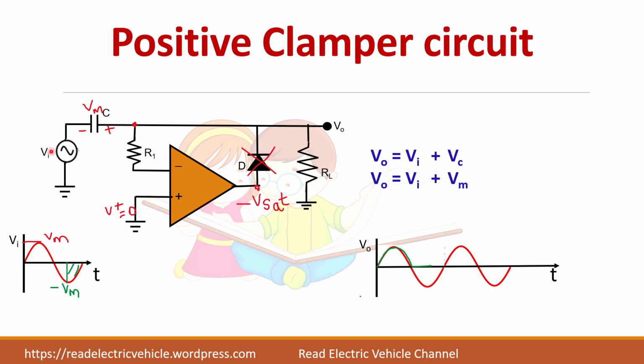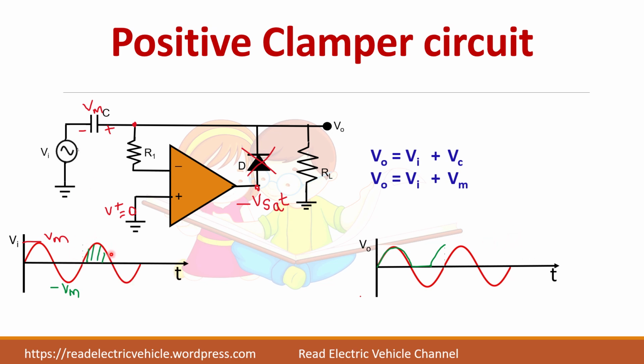So V0 is given by Vi plus Vm, because the capacitor has been charged to Vm. So Vi plus Vc, which is equal to Vi plus Vm. So this will be the output voltage. The green color gives you the output voltage, whereas the red color is the input voltage.